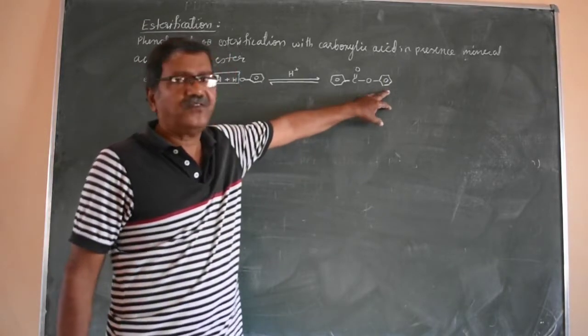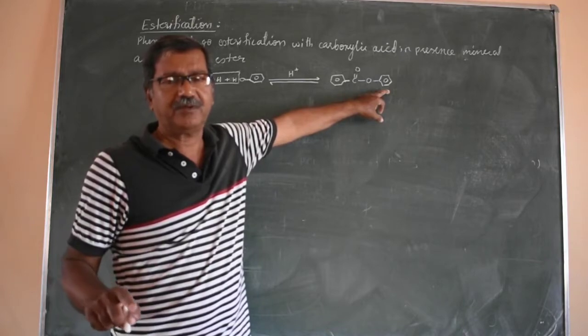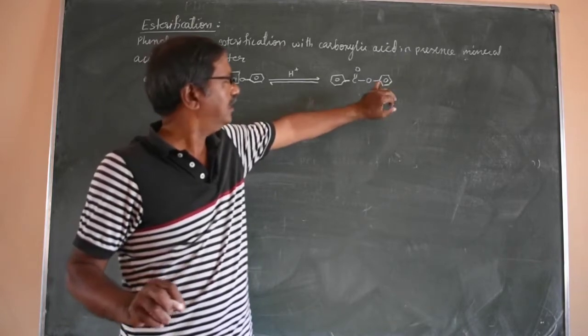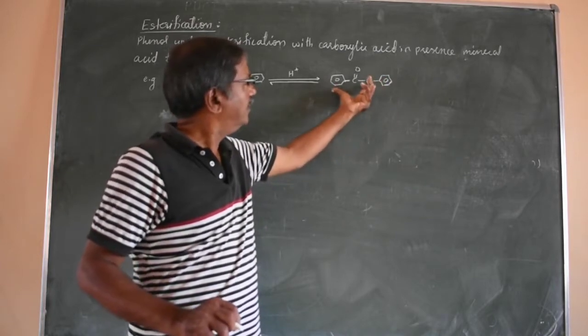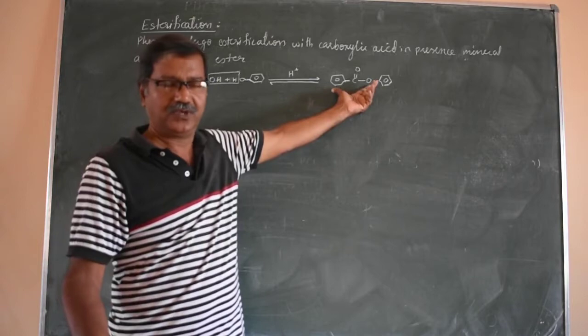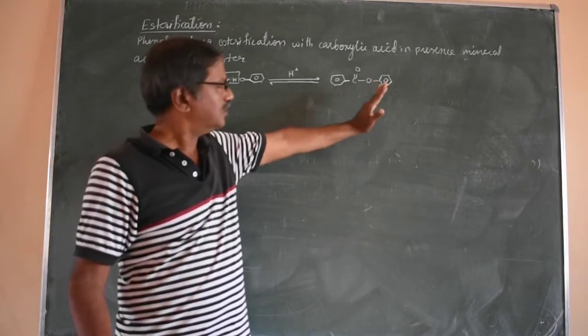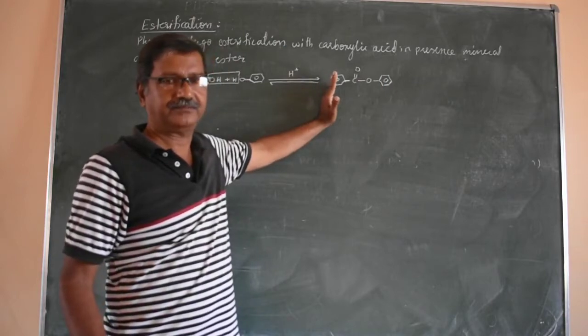This is called phenyl, not benzene. C6H5, remember this point, it's very important. C6H5 is phenyl. Then when it is benzoic acid, ester ending ATE, benzoate. So the name of this compound is phenyl benzoate.